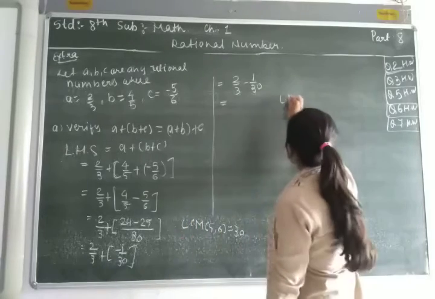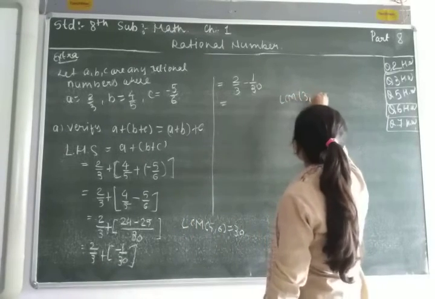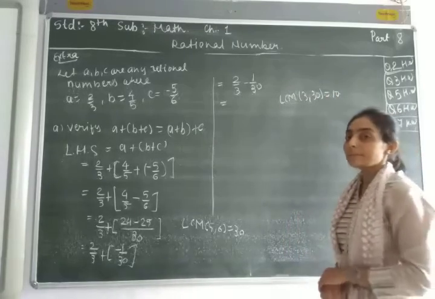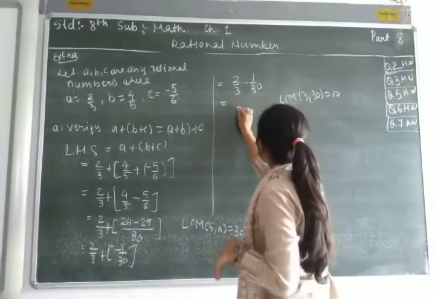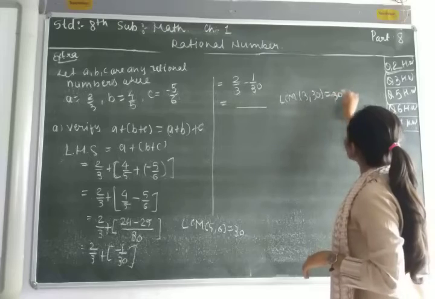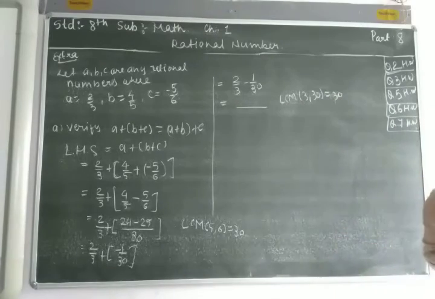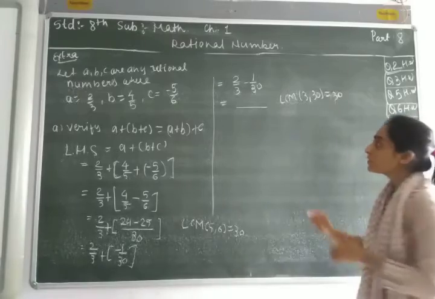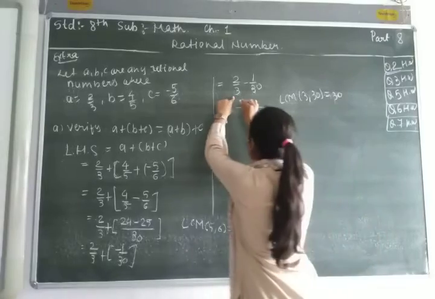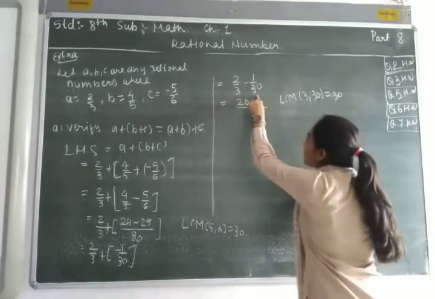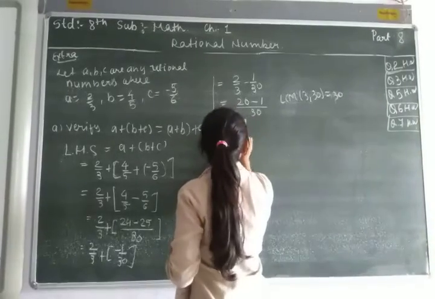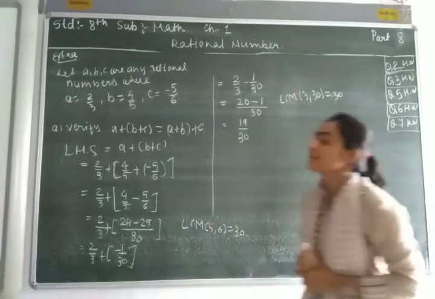Again we have to take the LCM of 3 and 30, that is 30. So what I am getting over here, 19 upon 30 is my left hand side answer.